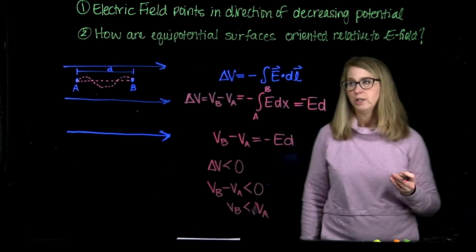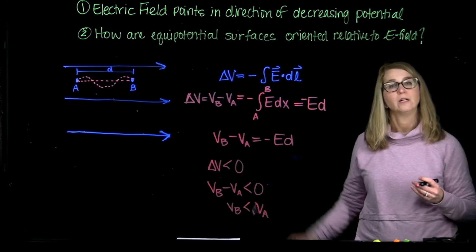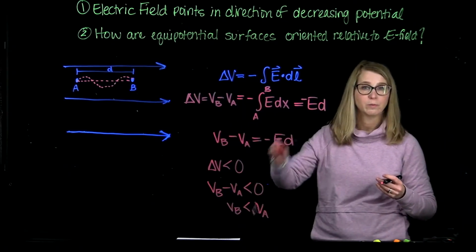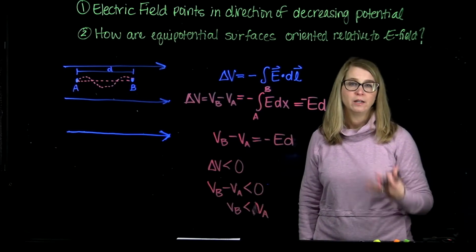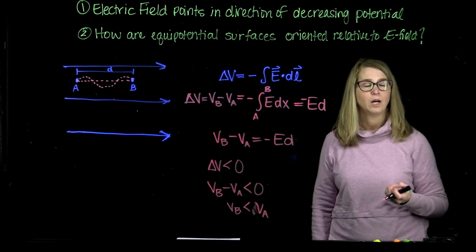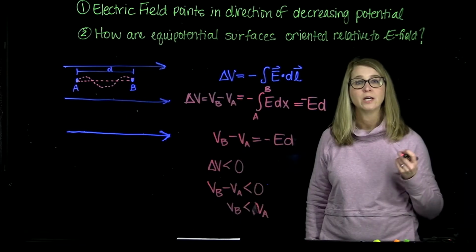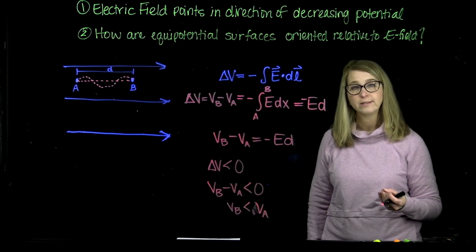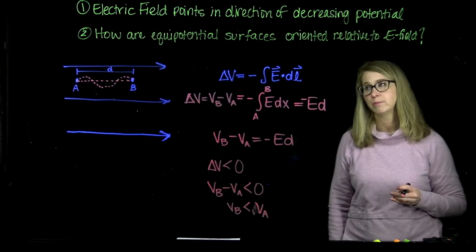So in moving from point A to B, I've moved from a point of higher potential to lower potential. I've moved with the electric field, and again, what this is showing me, and this is a conclusion that I want to remember, is that the direction that the electric field points in is also pointing in the direction of decreasing potential.